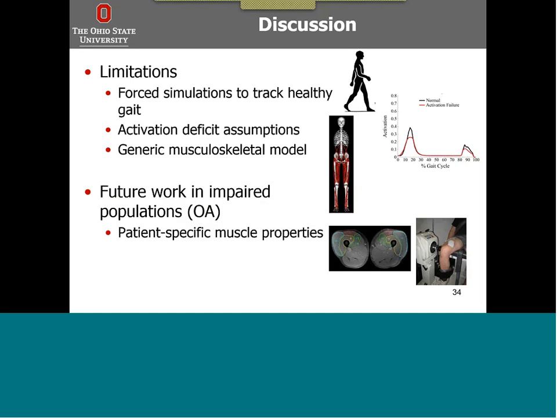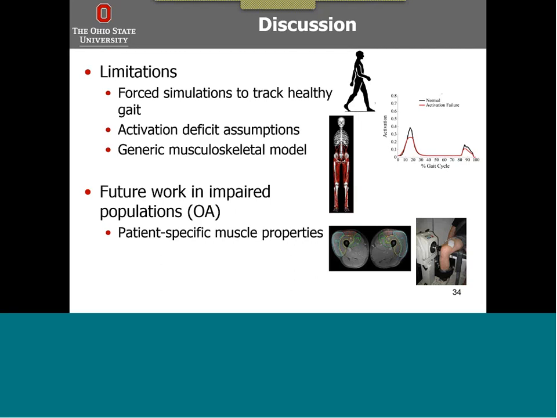So this leads then to the importance of future work on simulations of pathological gait, which incorporate patient-specific muscle properties to accurately quantify variations in muscle function in impaired populations. In fact, a recent webinar by Jill Higginson, Brian Nahr, and John Ramsey discussed this topic, where they measured and incorporated subject-specific muscle properties into simulations of post-stroke gait.